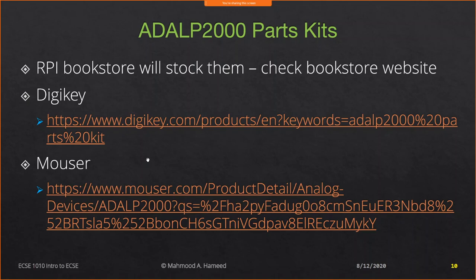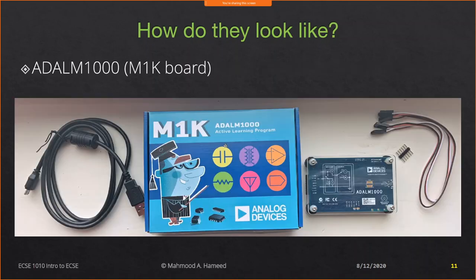Okay, so just so that there is absolutely no confusion about what you are buying, I have put the pictures of the board on this slide. What does the M1K board look like? It comes in this particular box.